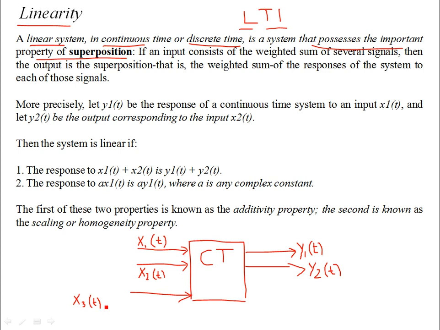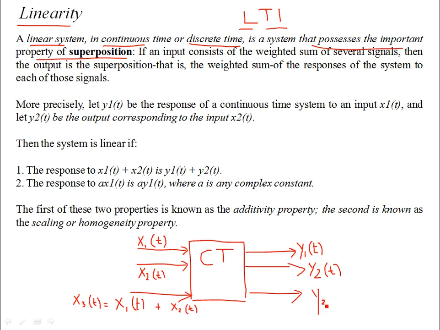It consists of both the prior inputs x1 and x2: we have x1(t), and then you add to it x2(t) as well. We know the individual responses to x1 and x2 are y1 and y2. If the output y3(t) is again the superposition of the individual responses y1 and y2, the system is linear.